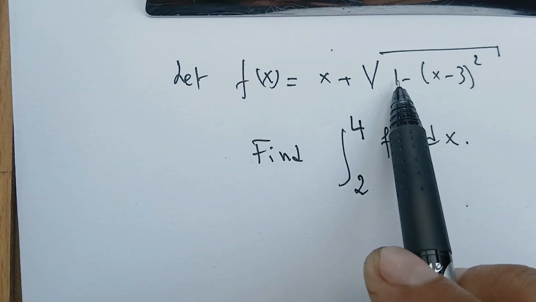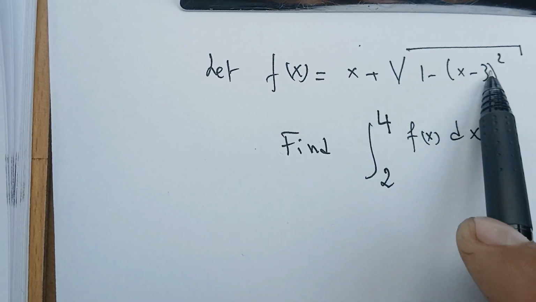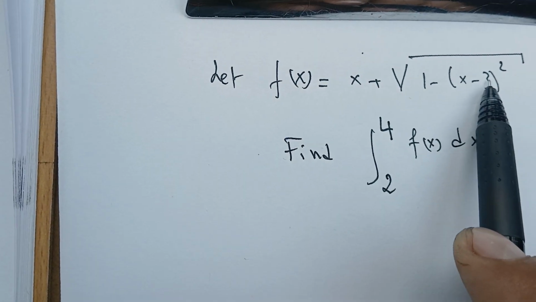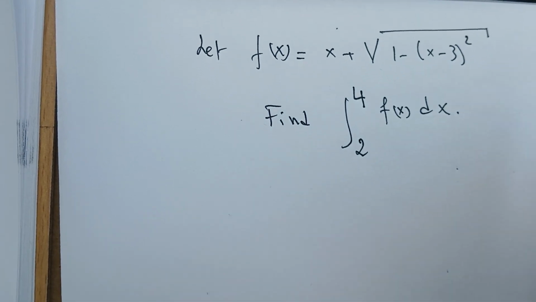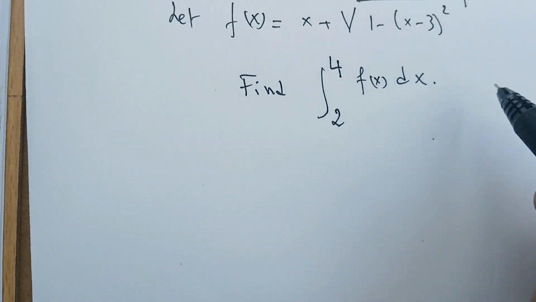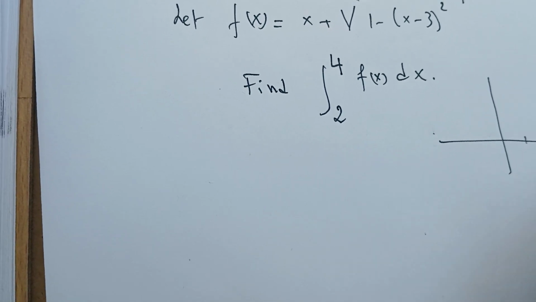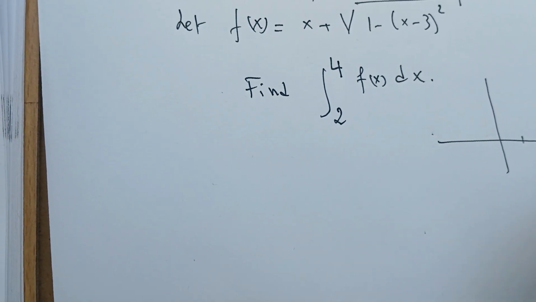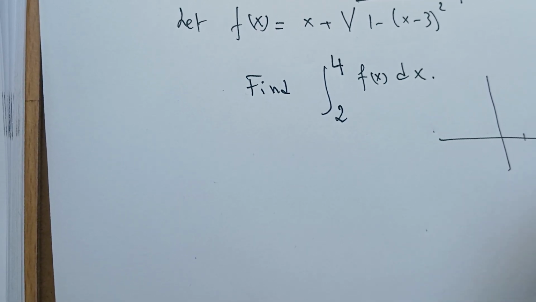So we can split this integral into 2 halves and see what we can do. But before that, we can see that the second part is a circle centered at 3 with radius 1. So if we graph it, that means it's this one here.